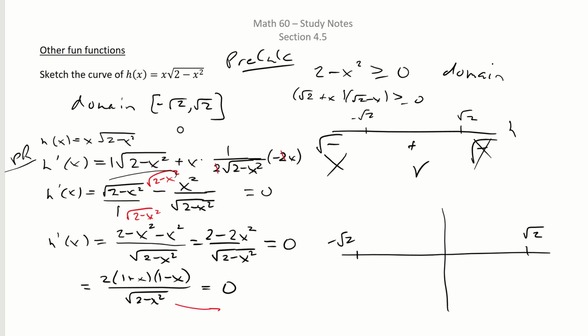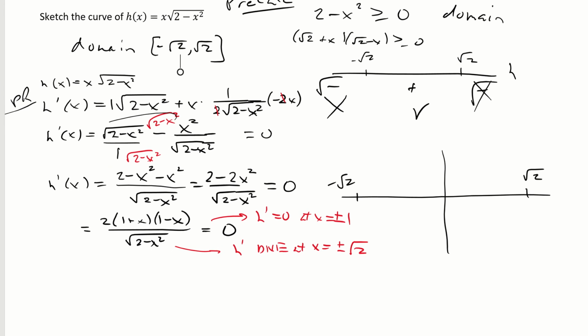What we know downstairs is that it's undefined. Let's say h prime does not exist at x equals, well, beyond it too, but plus or minus radical 2. But also from upstairs, h prime equals 0 at x equals plus or minus 1.